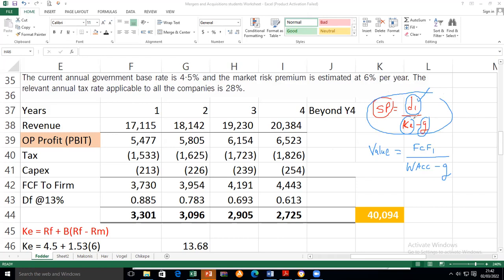Where there's D1, what do we put in now? We put free cash flow after 1 year. Where there's cost of equity, what do we put? Weighted average cost of capital. And this is the expected future growth rate in the free cash flow. So which figure are you going to pick?